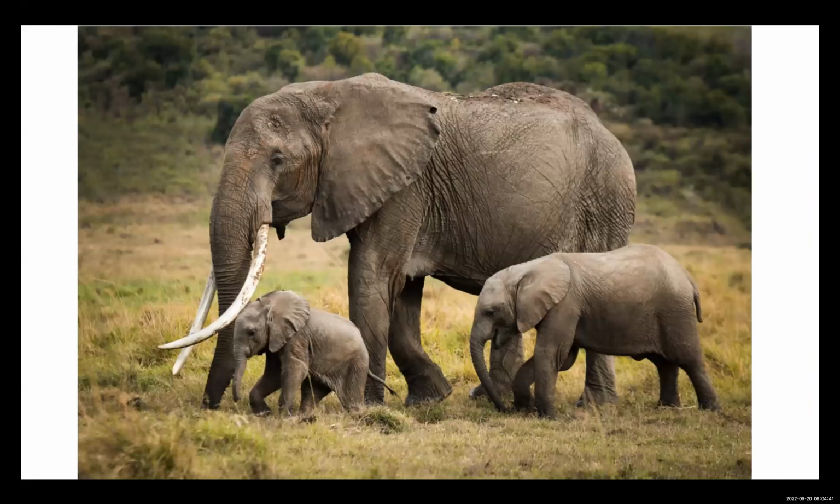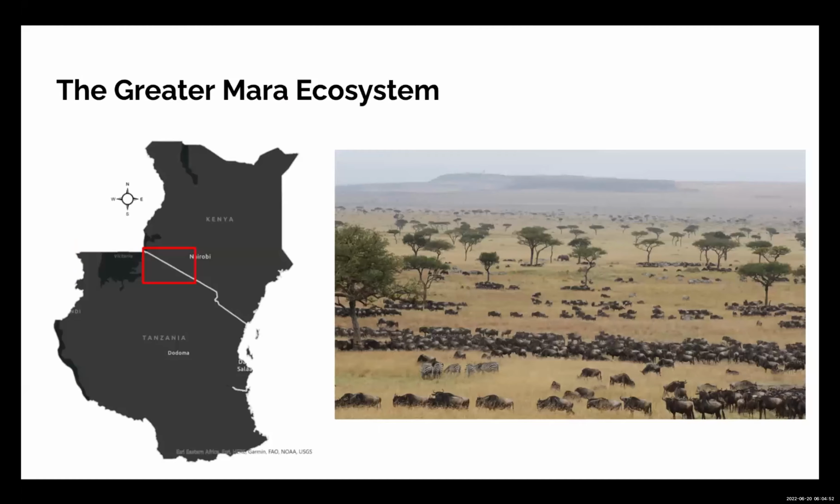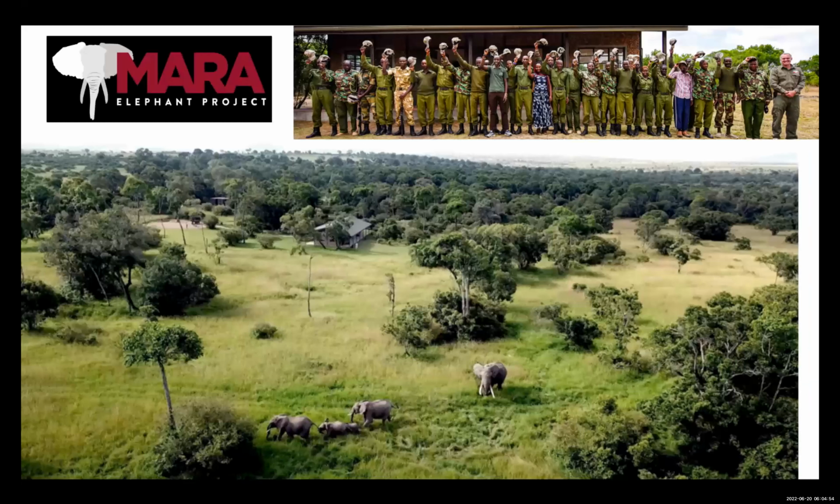There is a pretty large elephant population there. It's at risk, but it's relatively stable, around 2,500 individual elephants. The Mara Elephant Project, our collaborators in the area, have been in operation since 2011.